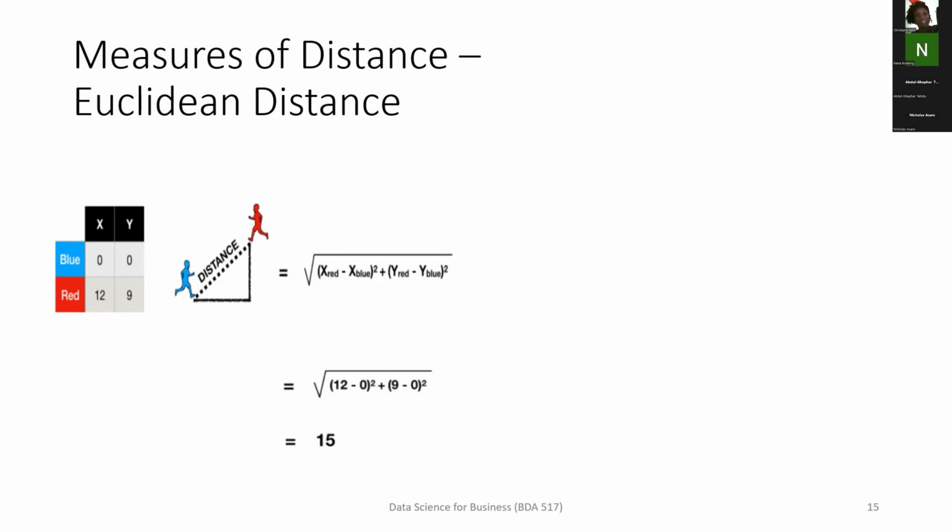But here, you understand this is the coordinates. The blue is 0, 0. The first one is X. The second one is Y, is it not? This one too, X and then Y. So the location of this guy and this guy. If you want to find the distance, you think it's going to be X minus 0, minus 0?